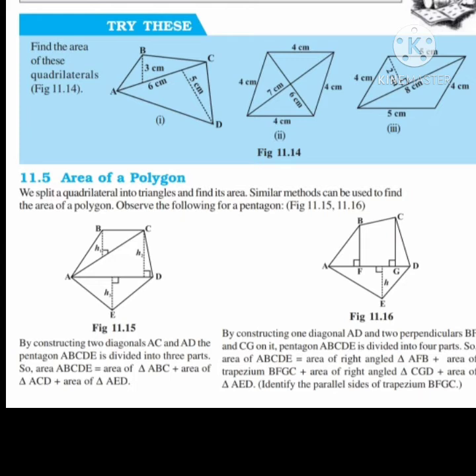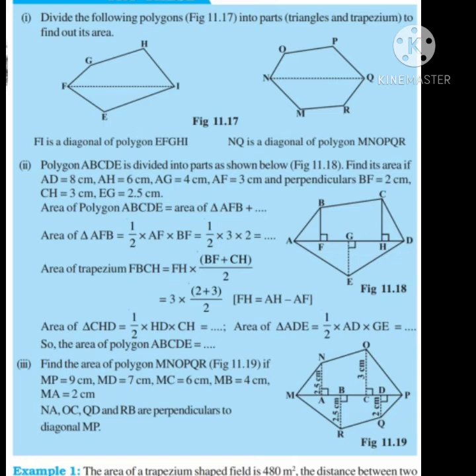Okay, so look at the first polygon, that is FGHIE. So here, while joining the vertices F and I, what are we getting? We are getting one triangle, but FGHI is again a quadrilateral, 1, 2, 3, 4. Yes, a quadrilateral, but it is not a trapezium.